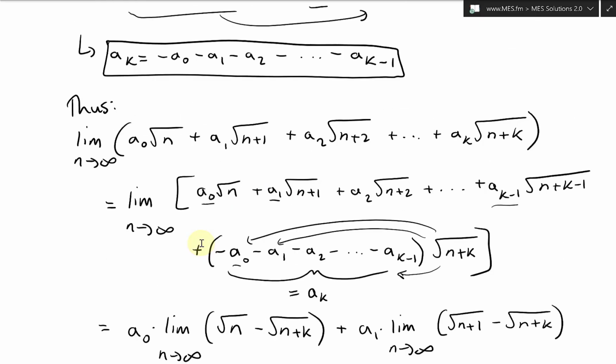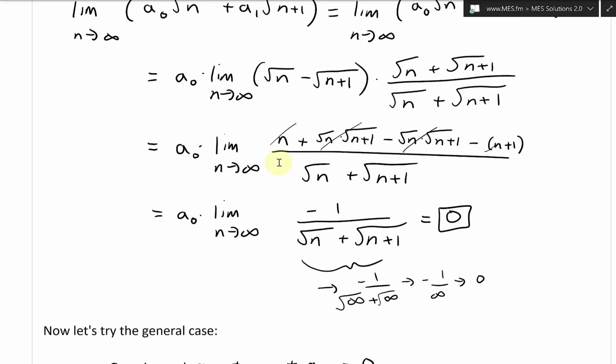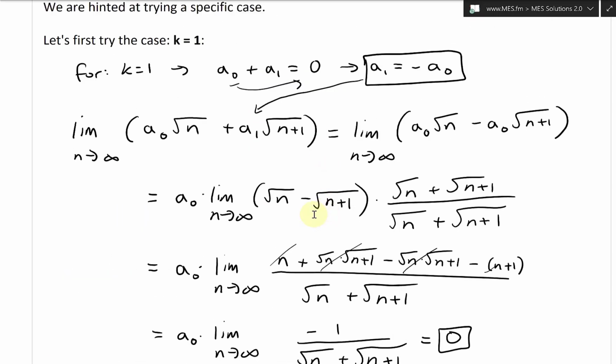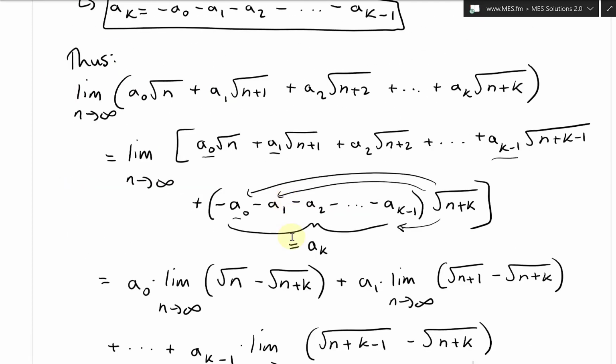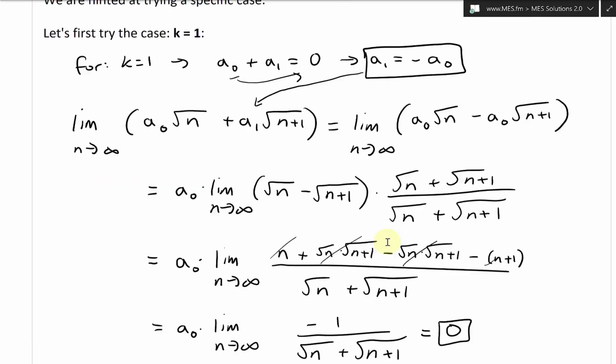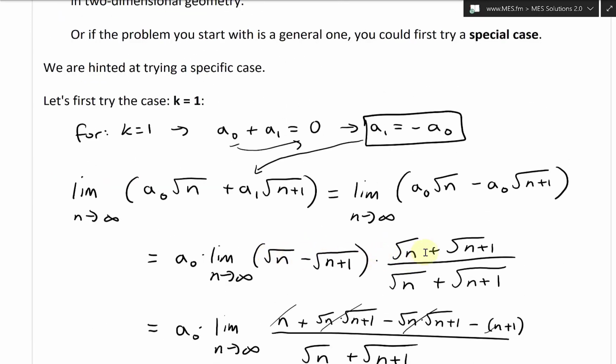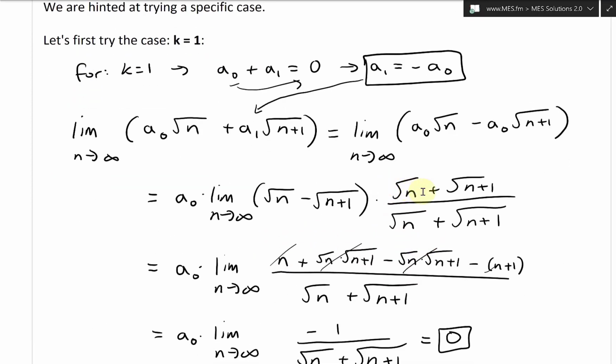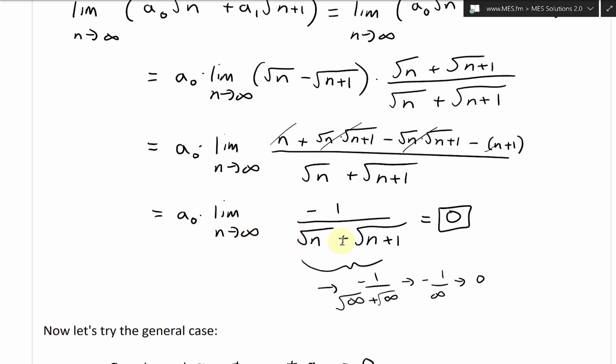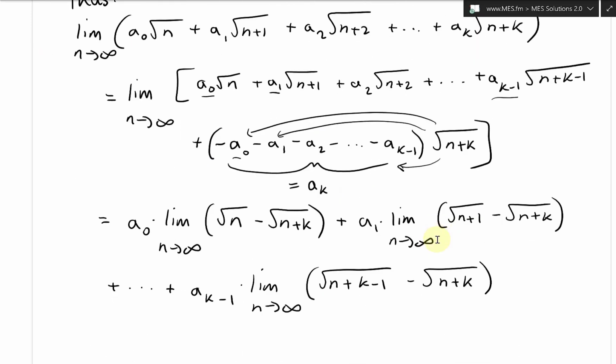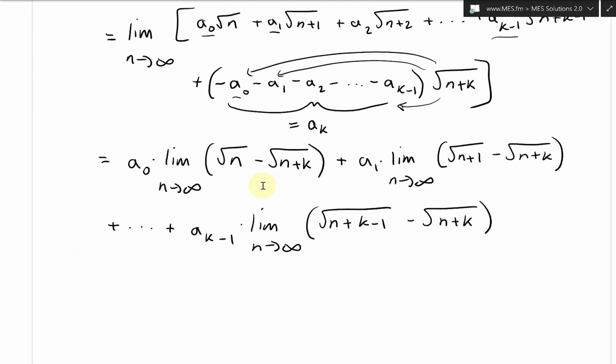Now this is the exact same thing as this setup here, square root n minus square root n plus 1, but instead we're dealing with n plus k minus 1 and n plus k. We multiply the top and bottom by square root n plus k minus 1 plus square root n plus k, and divide by that. Then we do a bunch of cancellation, with a very similar setup, and it's 1 over infinity, which approaches 0. So every single one of these is going to go to 0.